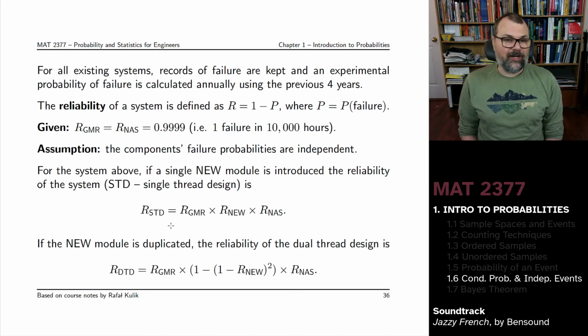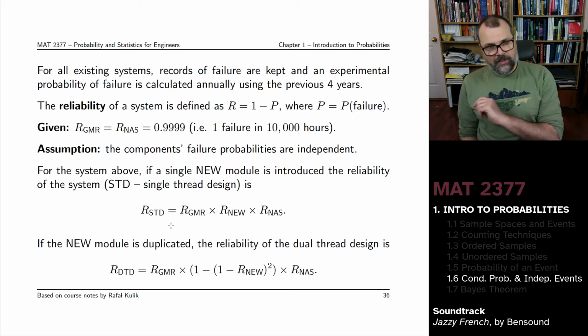We're going to define the reliability of a system as 1 minus the probability of failure. In other words, it's the probability of it not failing. Now we'll assume that both the GMR system and the NAS system have reliabilities of 0.9999, 99.99%. That roughly speaking corresponds to one failure in 10,000 hours. So they tend to be fairly consistent, fairly reliable.